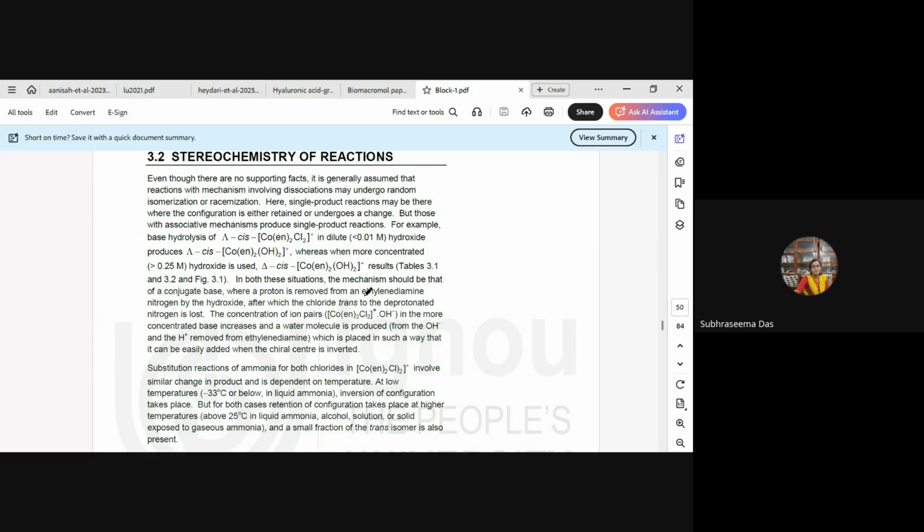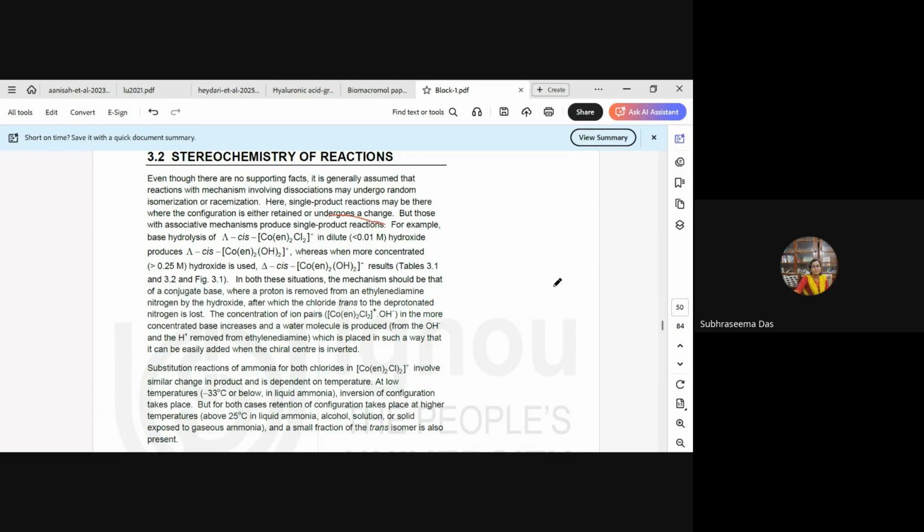So here, single product reactions may occur where the configuration is either retained. So what are the possibilities of the stereochemistry of the reactions that undergo such ligand substitution reactions? The configuration might be retained or the configuration might change. So these are the two possible cases.